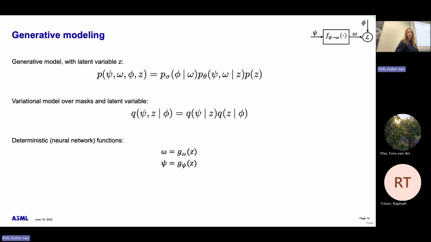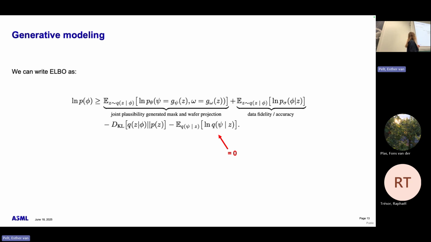We wrote alpha for that, and have rewritten it as follows. There are several terms in here. The first term is the joint plausibility of the generated mask and wafer projection. This means that if you sample the latent variable and reconstruct the mask and wafer target from it, they should be consistent with each other. A predicted mask should correspond to the predicted wafer target, otherwise it makes no sense.